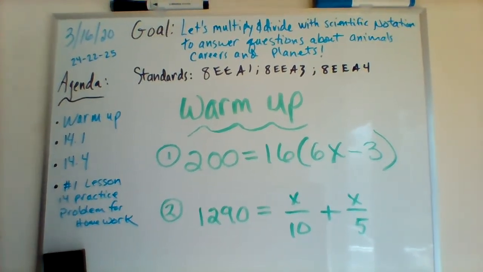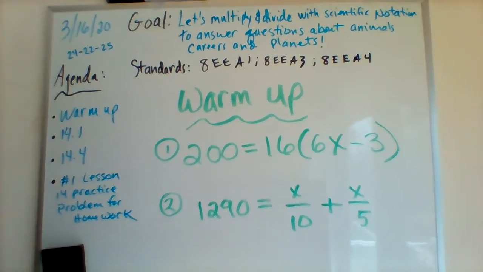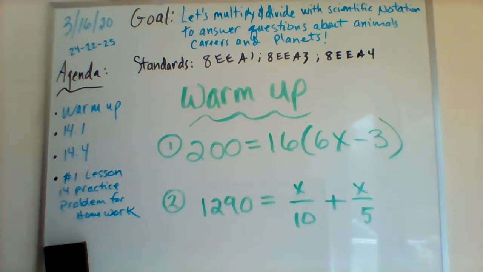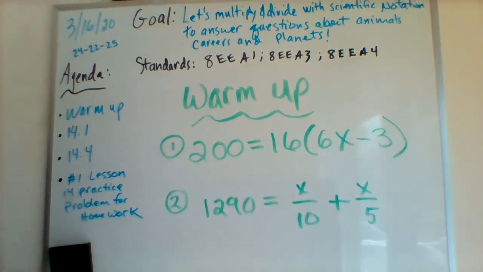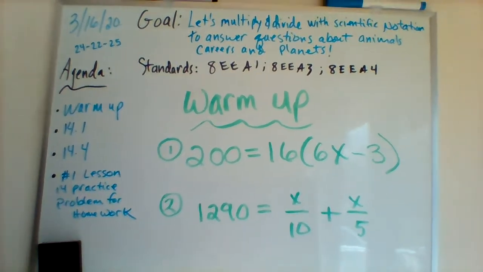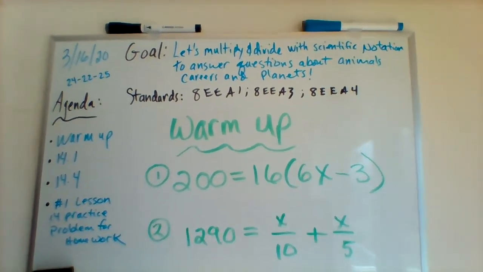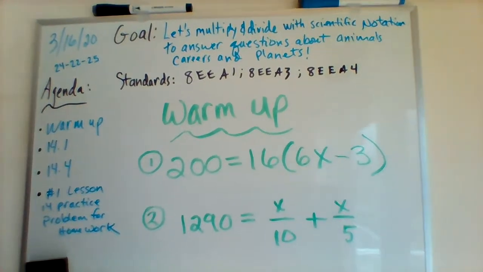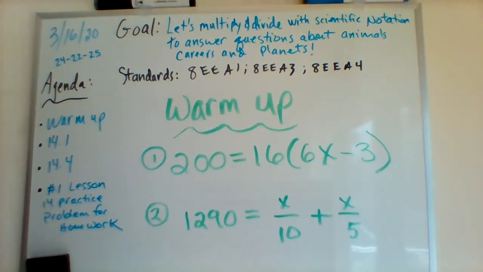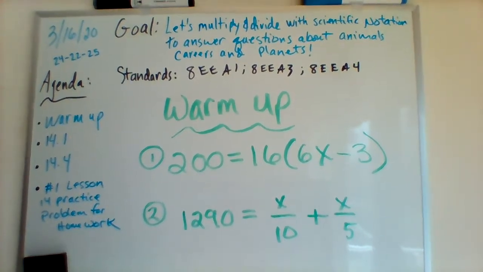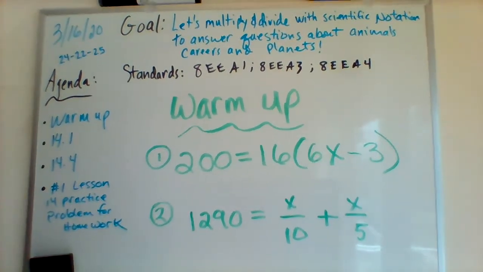All right, 8th grade, I need you guys to write down your warm-up, okay? Because I'm going to zoom out and start working this out with you guys. 2 equations to solve, just like we did in class. Number 1: 200 equals 16 times the quantity of 6x minus 3.